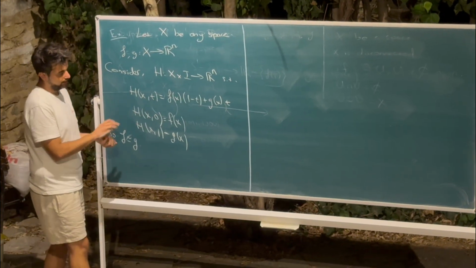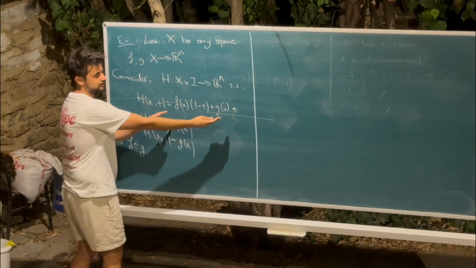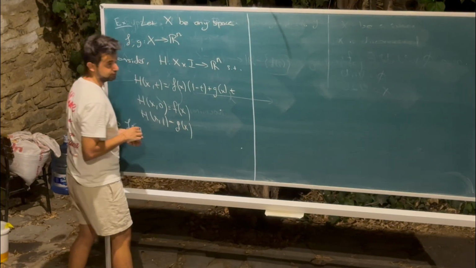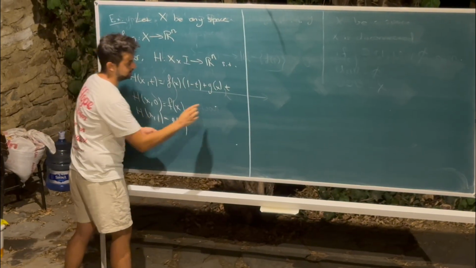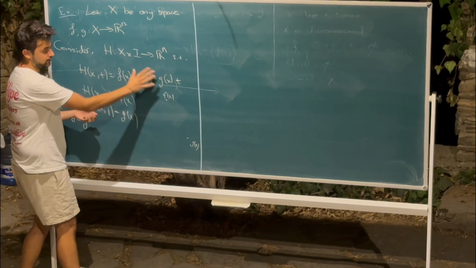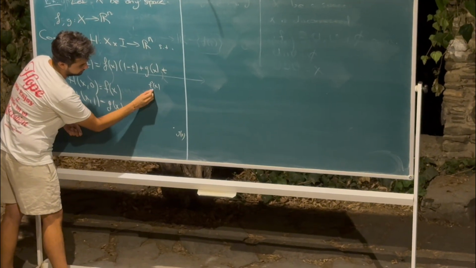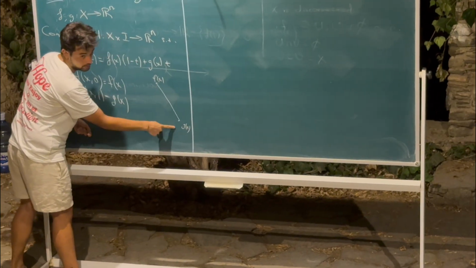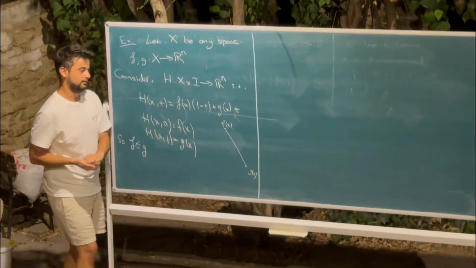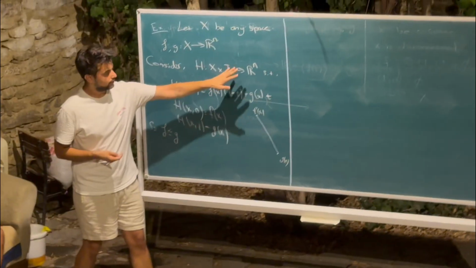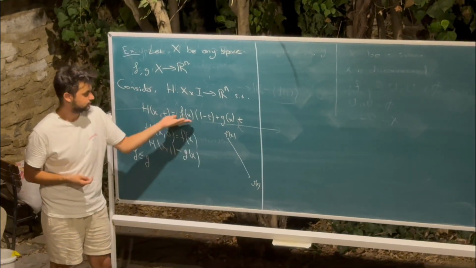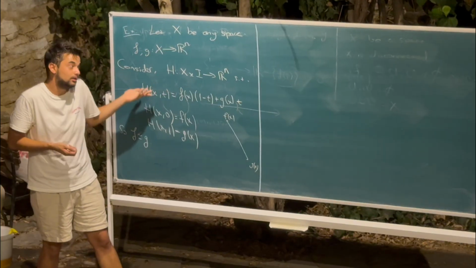If you think about what this is doing, let's say this is f(x), and this is g(x), for some fixed x. This equation is literally the line segment from this point to this point. So long as your subset is convex, meaning these two points are contained in my space, this function will be well defined.